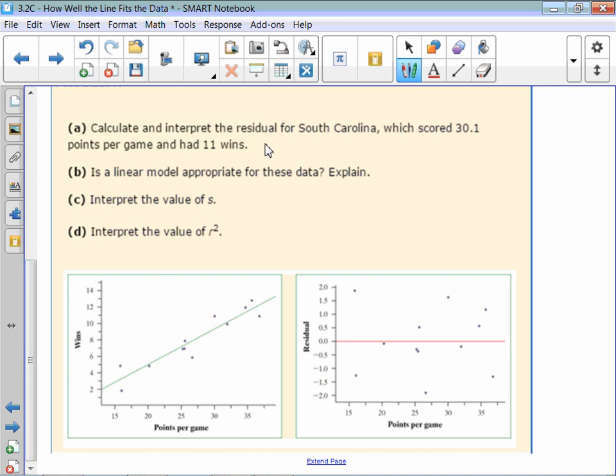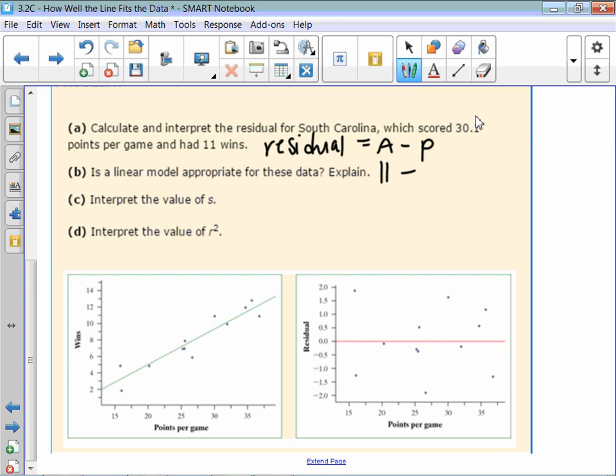So the residual, you guys, that's what we talked about yesterday. Residual is always equal to actual minus predicted with the y values. Some of you guys use the x values, by the way. Y values. Talking about y's, all right? So actual would be 11 wins. Predicted, we have to find from the equation.